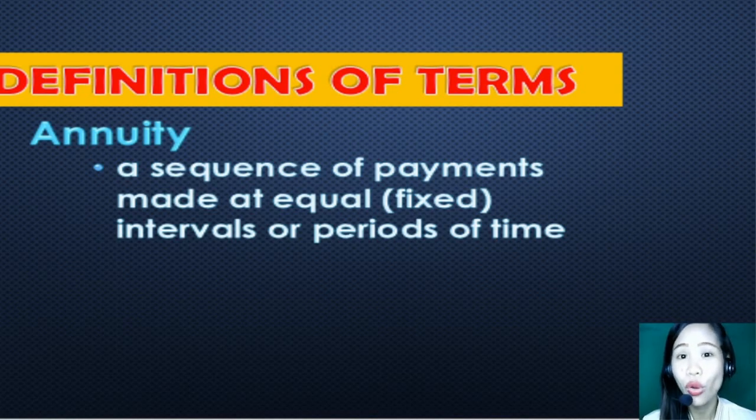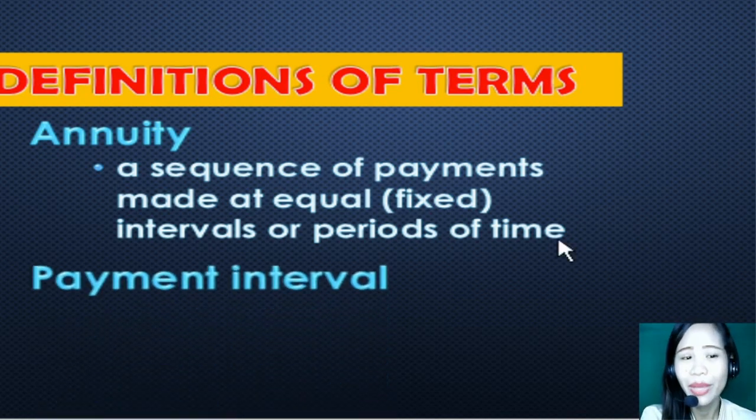Because there are 4 quarters in a year. Now, if you talk about the sequence of payments, your first payment is after 3 months, another payment after 6 months, and another after 9 months, and at the end of 1 year, you will pay the last payment. So, it's what we call annuity.